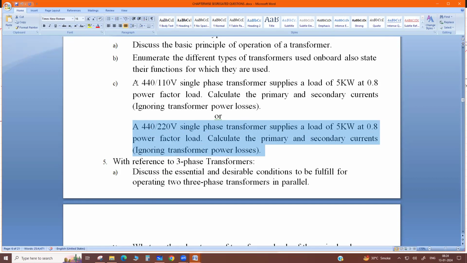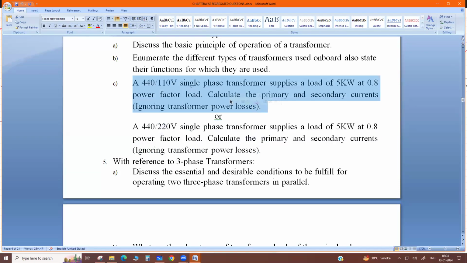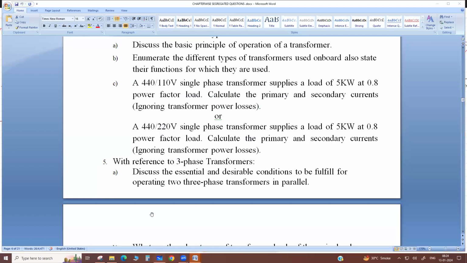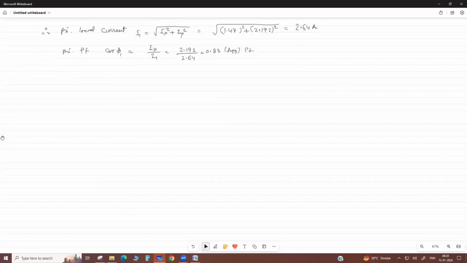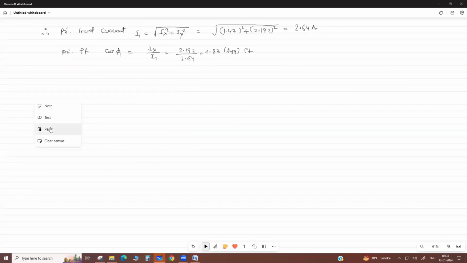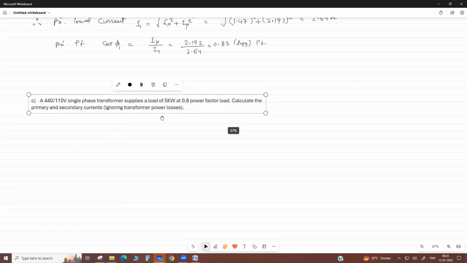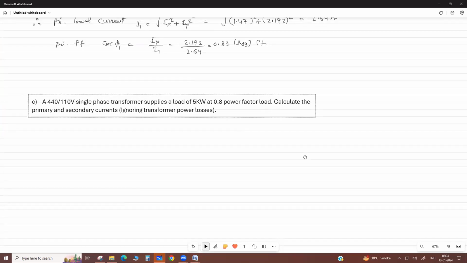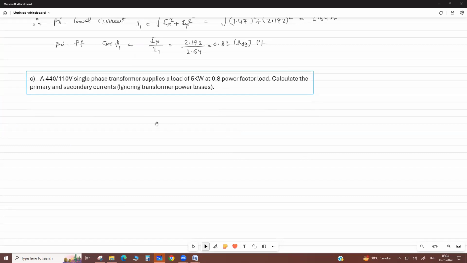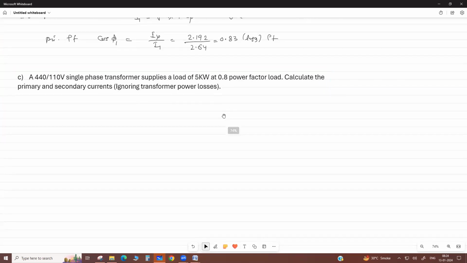Which one do you want? Here you can use the turn ratio. Why? Because it is written here to ignore the transformer power losses, meaning it is an ideal transformer.